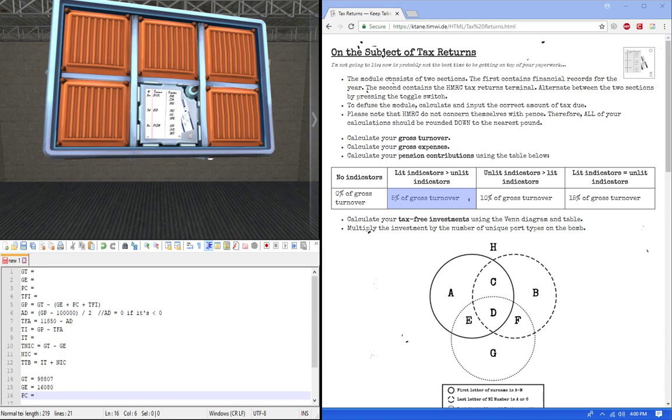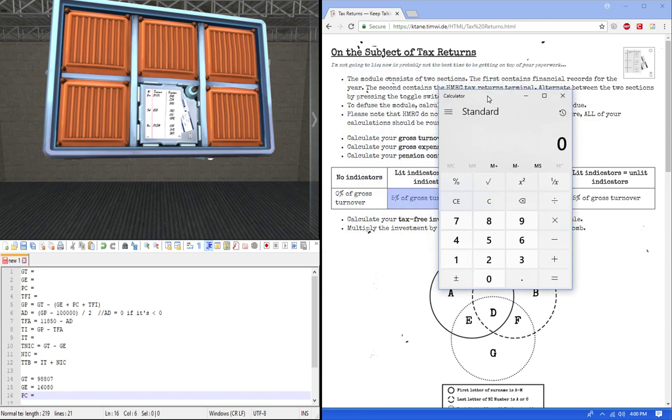So all we have to do, let's get our handy dandy calculator. We're going to take 98,807 times our 5%, which is 0.05.